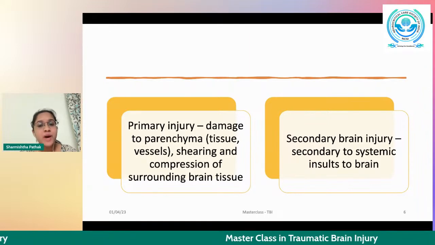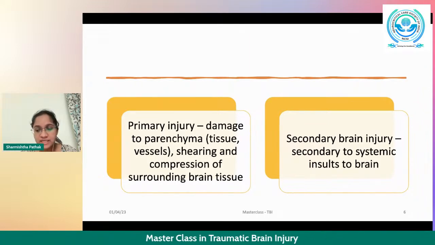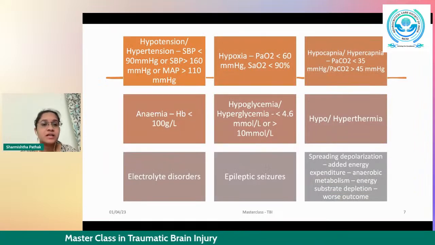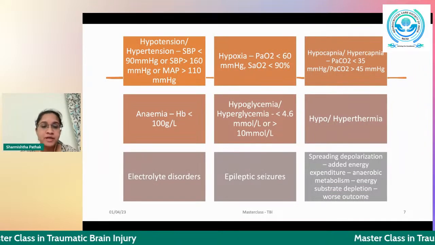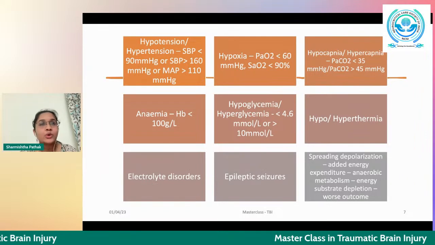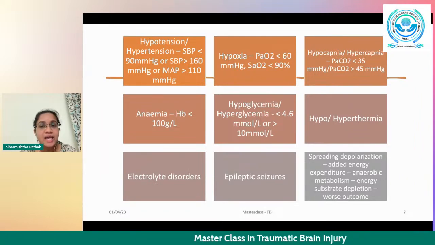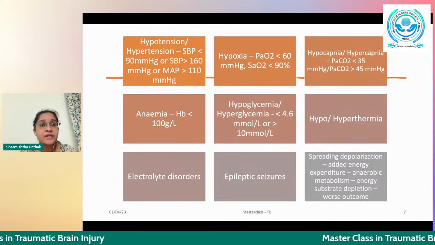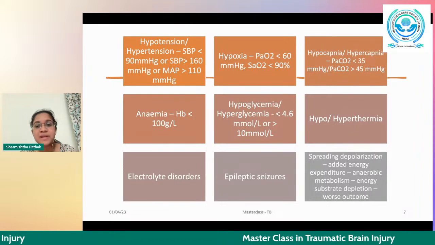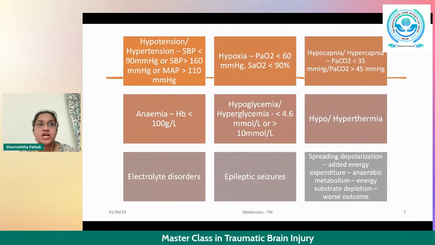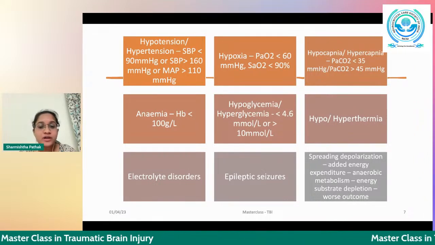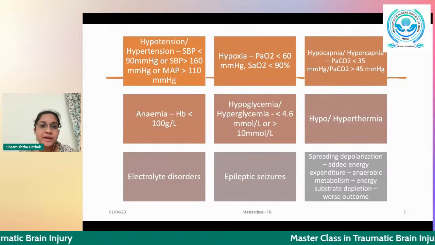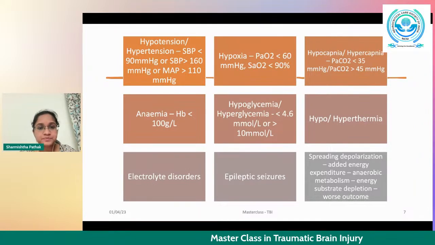While the patient comes to the ICU, we are primarily dealing with these secondary brain injuries, which can result from hypotension or hypertension, hypoxia, PaO2 less than 60 millimeters of mercury, hypo or hypercapnia, anemia, hypoglycemia or hyperglycemia, hypo or hyperthermia, electrolyte disorders, epileptic seizures, and spreading depolarization, which add to the energy expenditure, producing anaerobic metabolism, leading to energy substrate depletion, and ultimately resulting in a worse outcome.